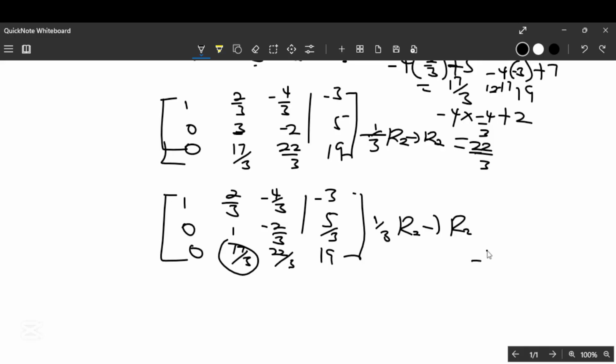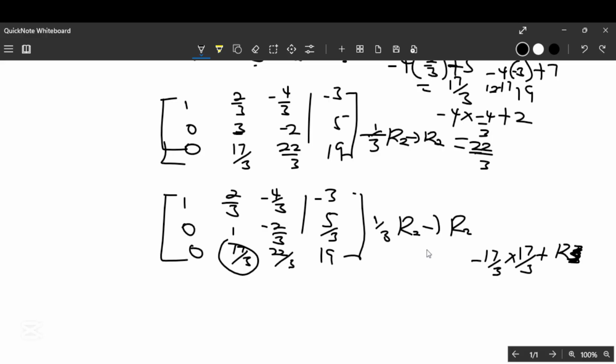So we take negative 17/3 times the row 2 elements, then we add the results to row 3.